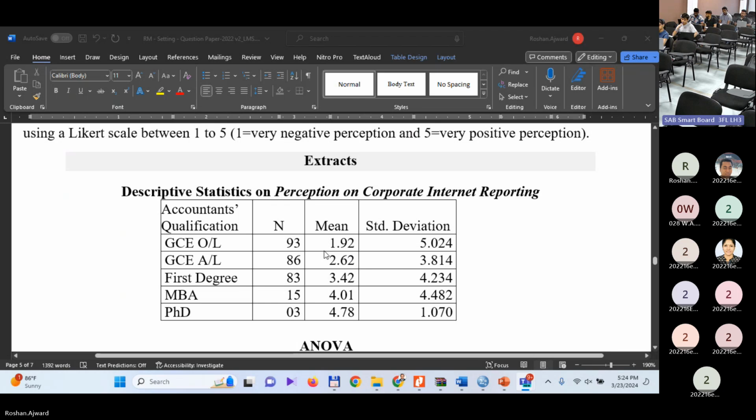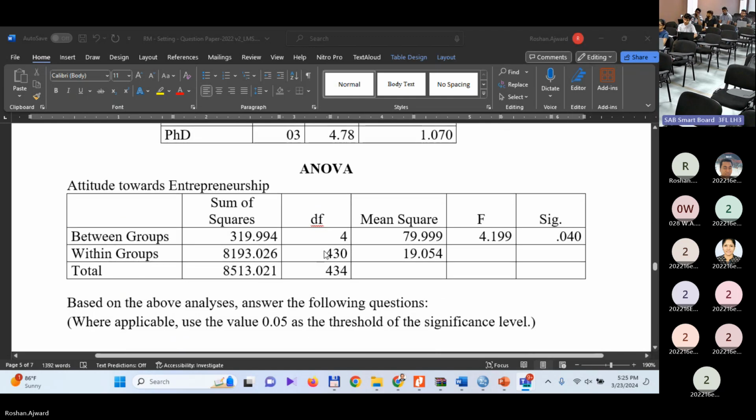So what can you do? Yes, you can see that when education goes up, more modern technology adoption is being proposed. Then the ANOVA table gives, of course, the attitude towards corporate internet reporting.